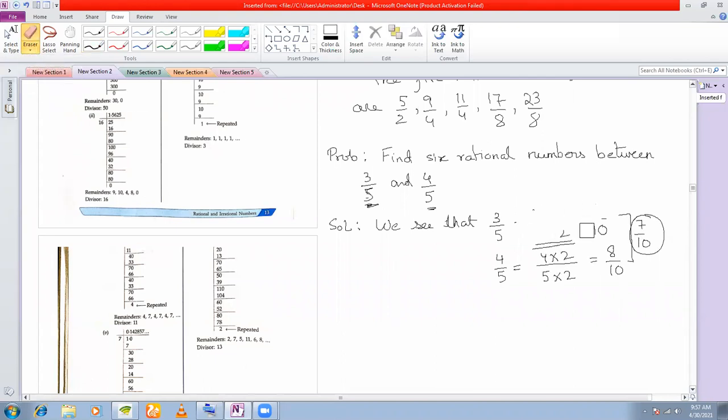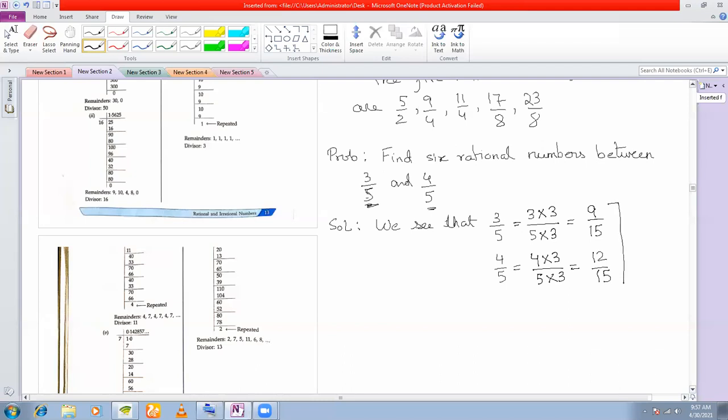That is, we multiply the numerator and denominator by 3 this time, so that we get this as 9 by 15 and here also we get 12 by 15.